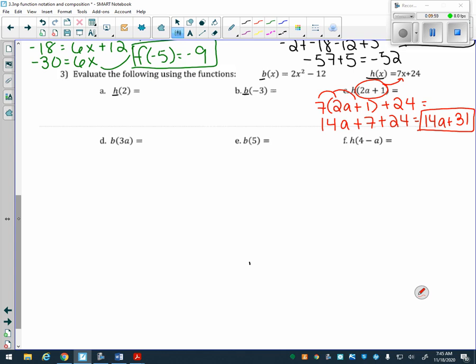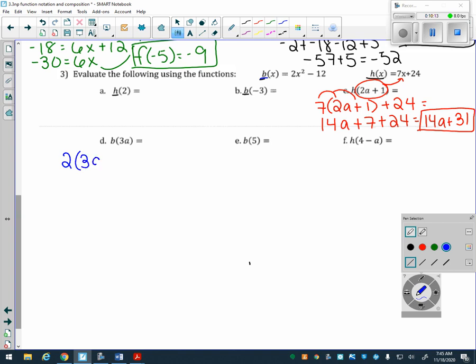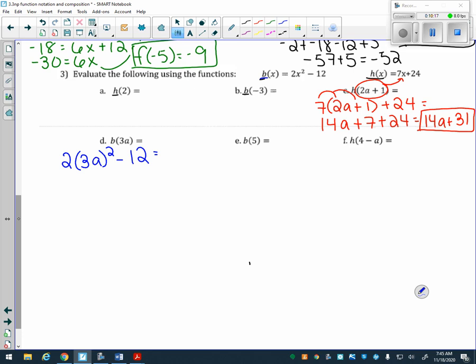Okay, so we're going to try D. This is b of 3a, so we use the b function, so it's 2 times (3a) squared minus 12. Now, since we have an exponent, you are squaring both terms, the 3 and the a, because they're together through multiplication.